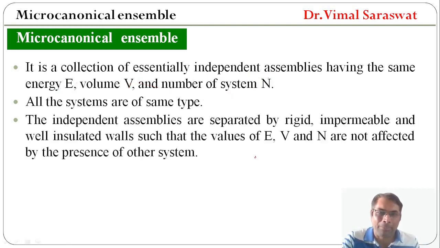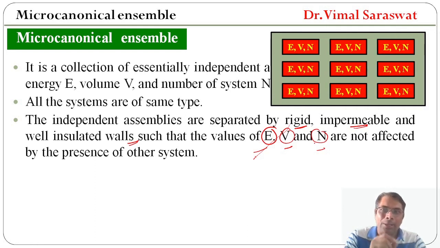The independent assemblies are separated by rigid, impermeable and well-insulated walls such that the values of E, V and N are not affected by the presence of other systems. It means the energy, volume and number of particles always remain the same.